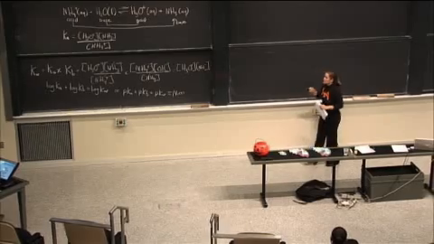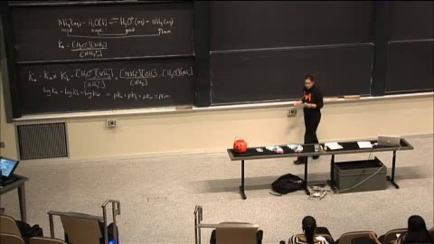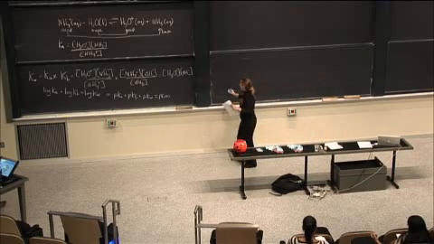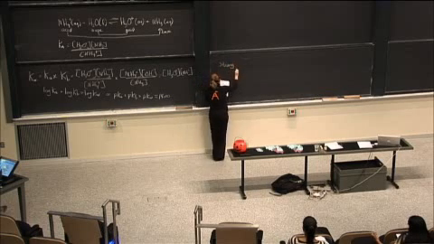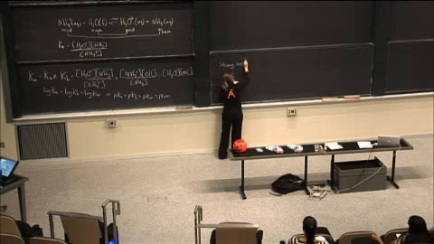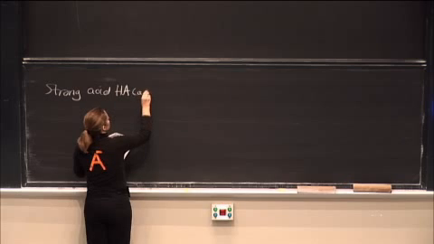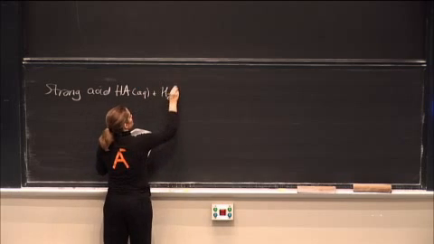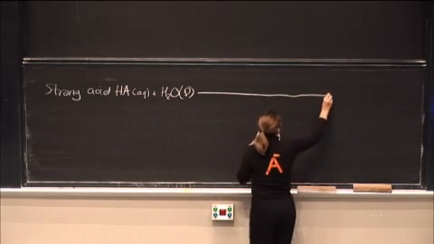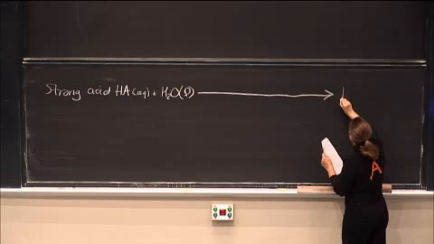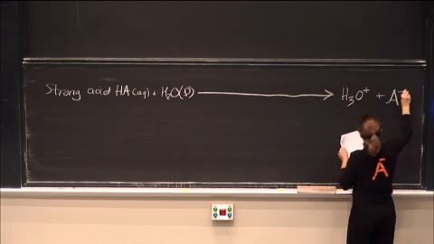And let's just think for a minute again about this concept of strong and weak, because this is really important for the next unit. So if we have a strong acid, HA, in water, it's going to go pretty much completely over to hydronium ion and the conjugate.